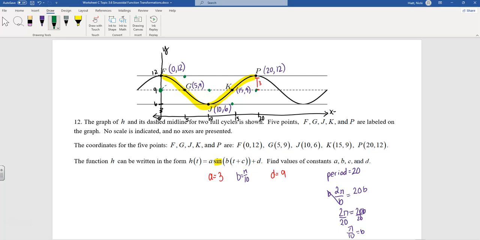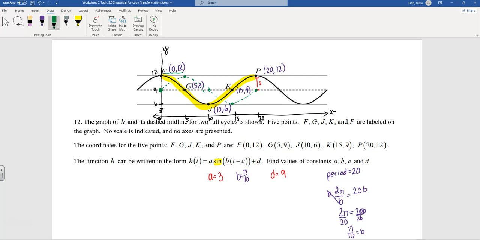This green graph that I've got here would be the sine graph with all of the A, B, and D that I have, which has not been shifted left or right. So we need to take my dotted graph and move it to the place that we see, the solid graph. You have two options here that are pretty much equally easy.